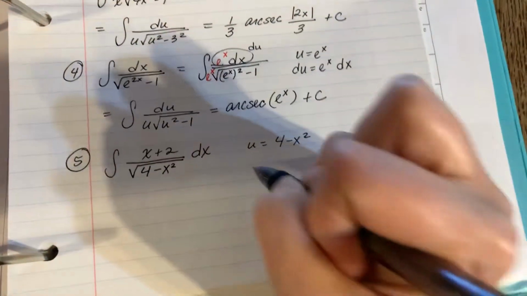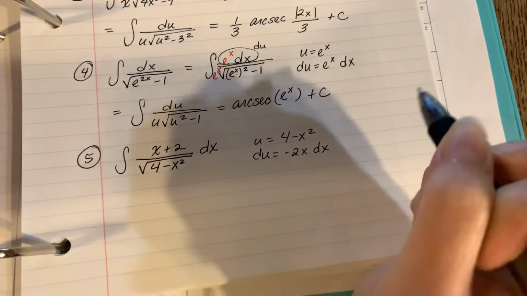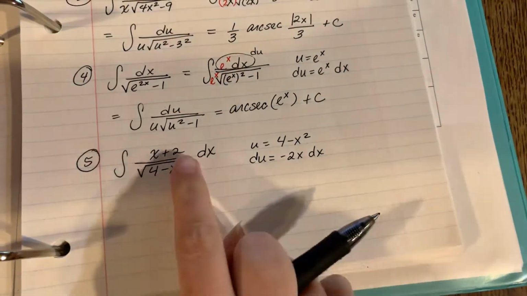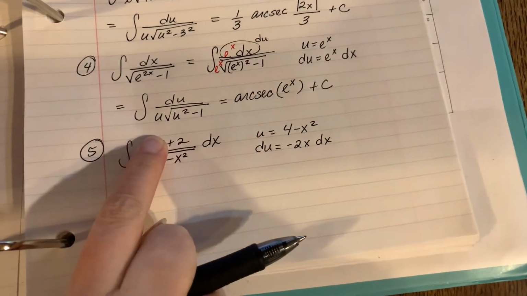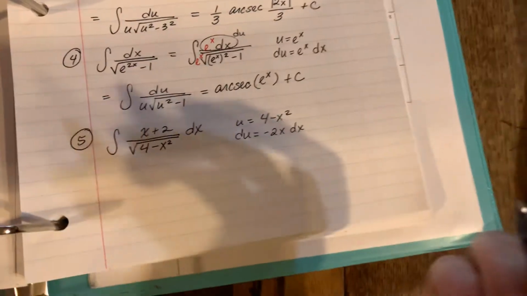Okay, so then du is negative 2x dx. Well, I just said it, right? If it were just the 2, it would work. And then with u substitution, if it was just the x, it would work. Well, then make it that way. This is a very common trick, right?